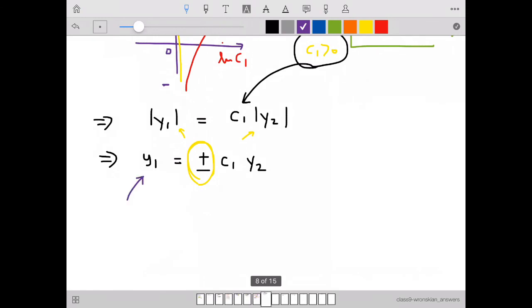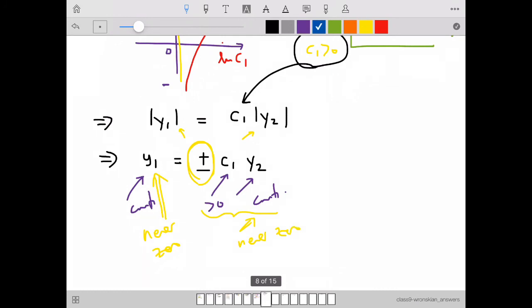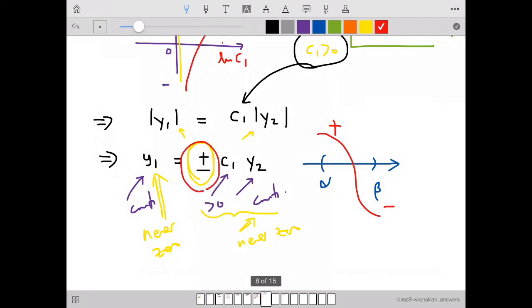Well, since y1 is continuous and y2 is continuous, c1 is nothing but a positive constant, and y1 is never zero, and the same for y2, these two are never zero. So on the interval (alpha, beta), it cannot be plus and minus. It cannot take both signs at the same time.